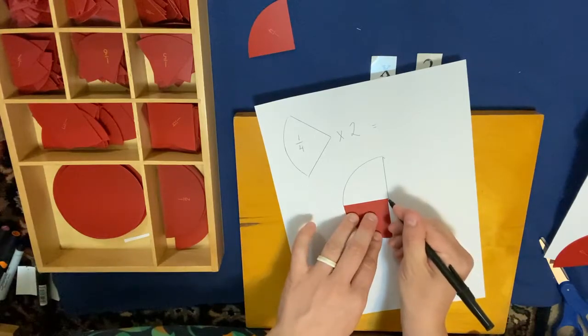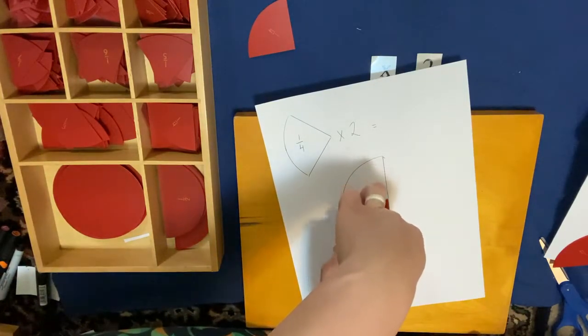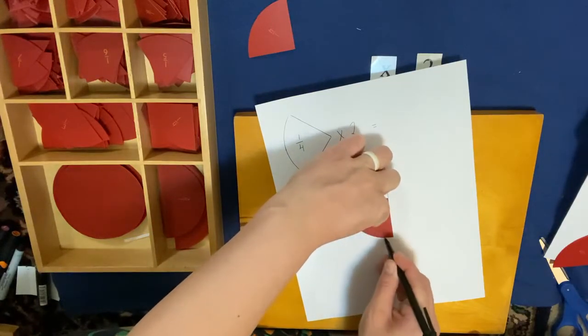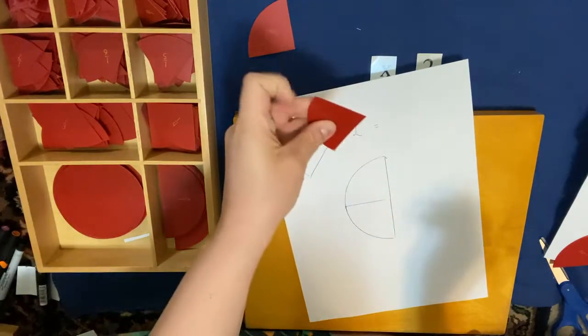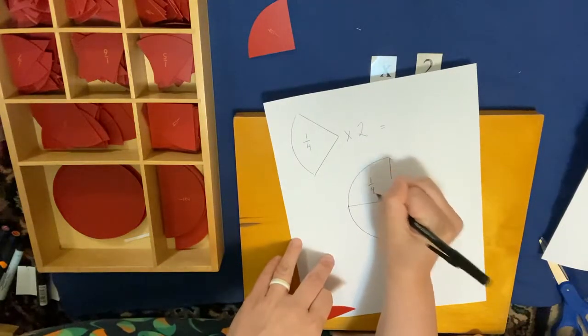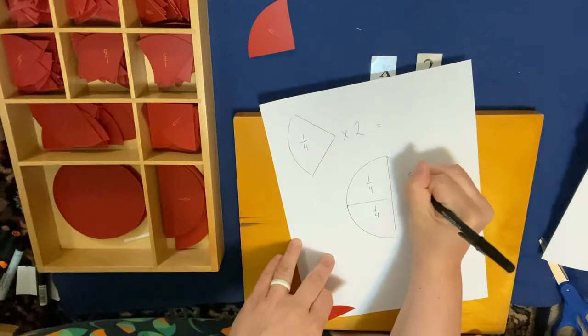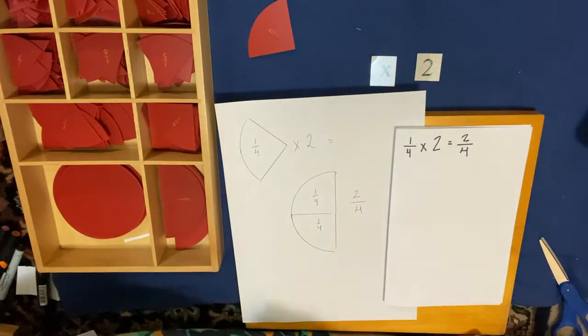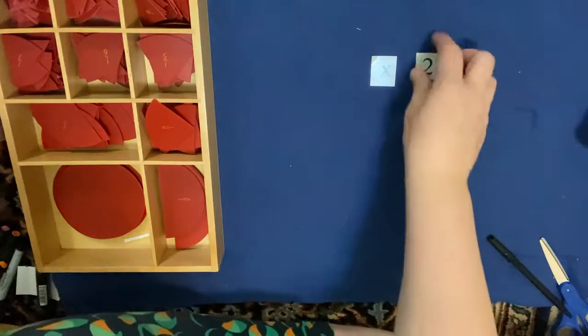And I would trace that. Oopsies, mine moved. I would trace, or if you're at home and you don't have hard fraction pieces to trace, you can print and cut them. And that equals 2/4. So these are the two different ways that we can write it. Okay, so let's do another one.